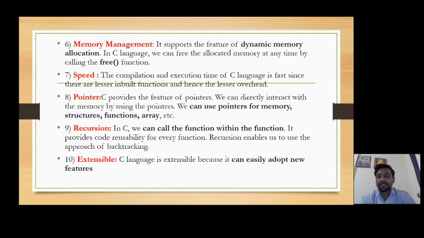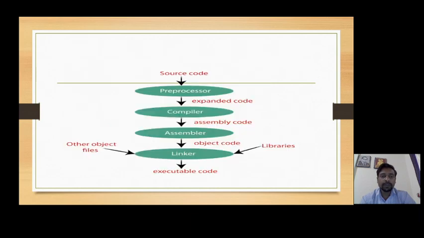Recursion means calling the same function again and again until the termination condition arrives, and recursion reduces a lot of code while working with C programming. And we can easily adopt new features with the help of C programming, hence it is known as an extensible programming language.